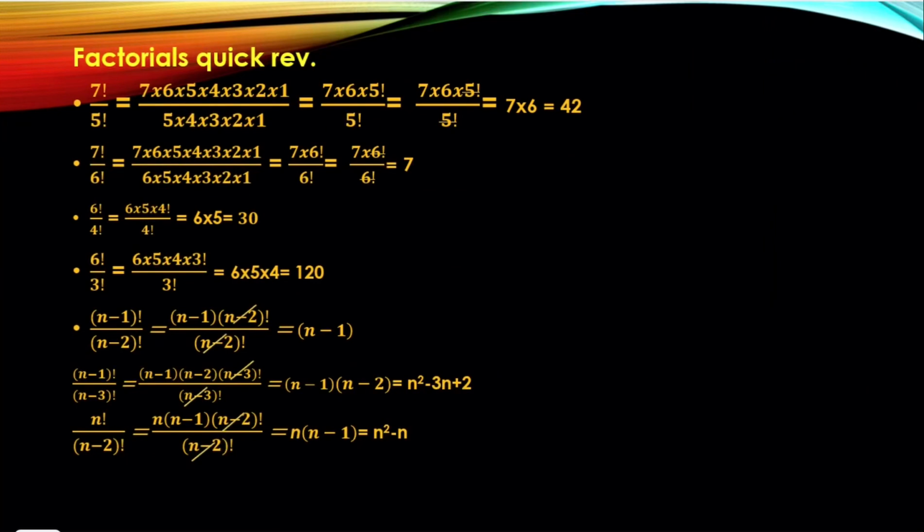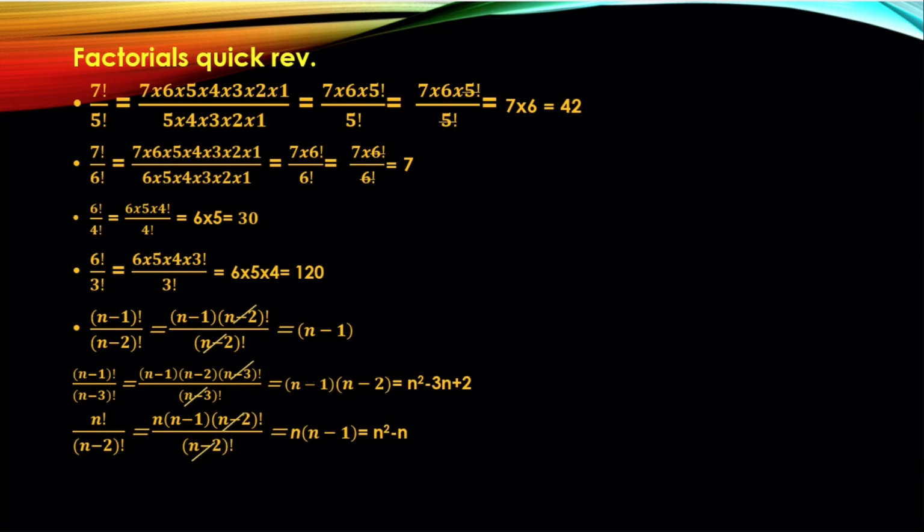Okay. In continuation of our review of the factorial, because some of you did not study factorial in depth at secondary school level, or some of you forgot it and need some refreshment.